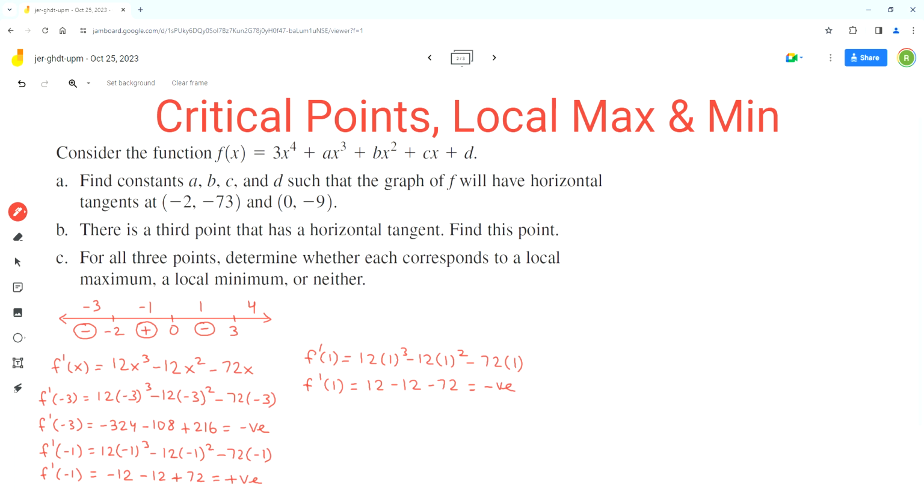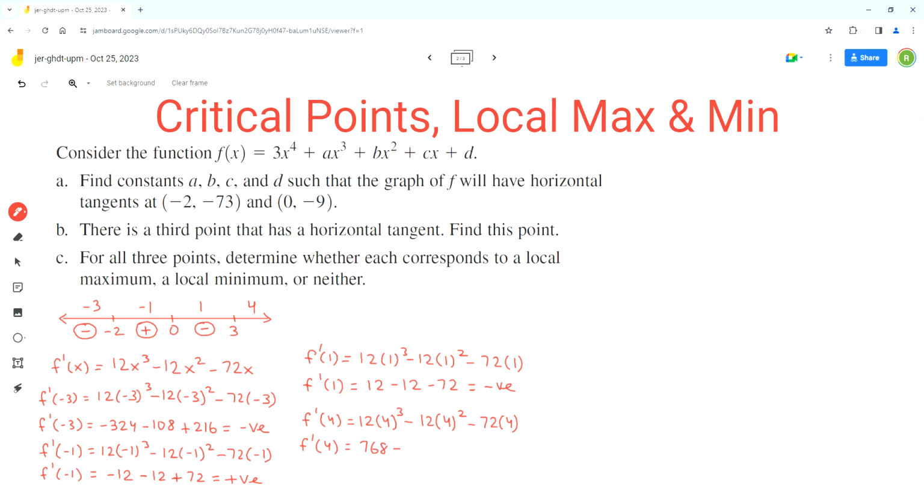And now we can use the fourth test value. f prime of 4 equals 12 times 4 cubed minus 12 times 4 squared minus 72 times 4. We start with 12 times 4 cubed, which is equal to 768.